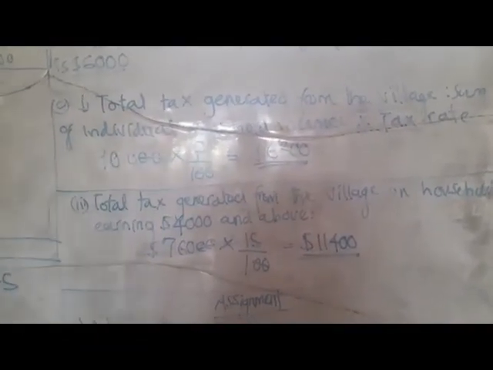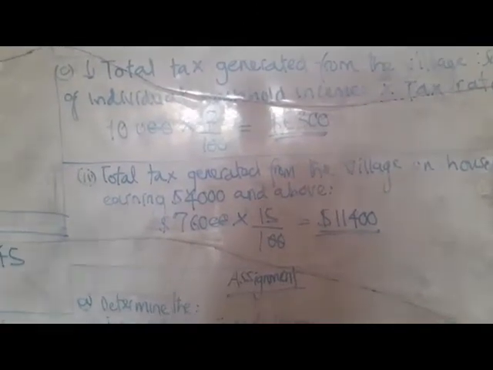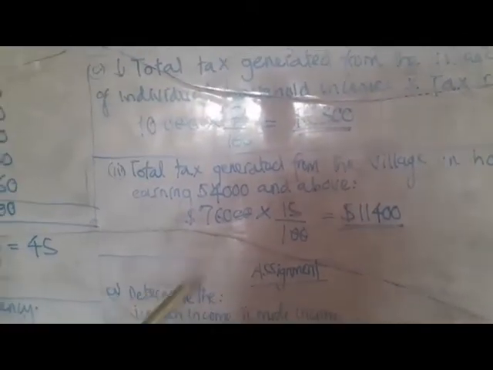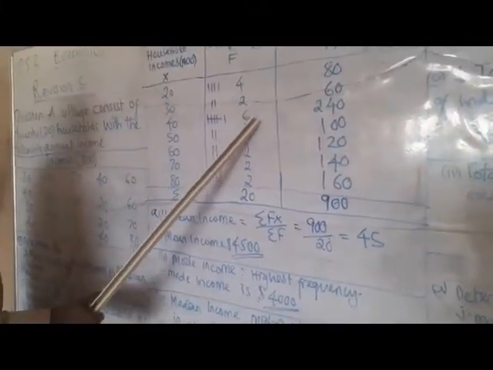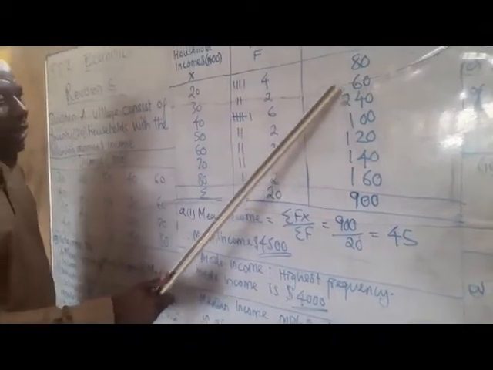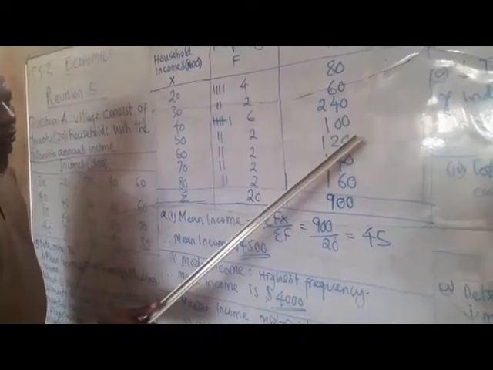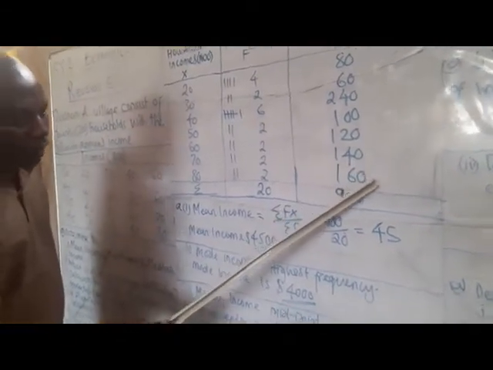Now, question 2: a flat rate tax of 15% imposed on all households earning $4,000 per annum and above. You can see here, total tax generated from the village. You still apply the same formula: sum of individual household income times tax rate. Remember, here you have a specification, a restriction: 4,000 and above. So you come back to your frequency table, your 4,000 is here and above. You add 240 plus 100 plus 120 plus 140 plus 160, which gives you 7,600.